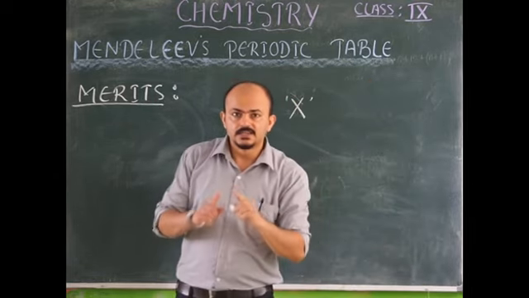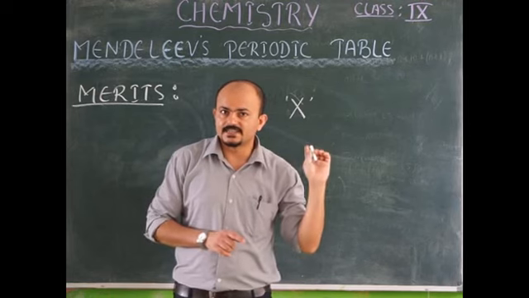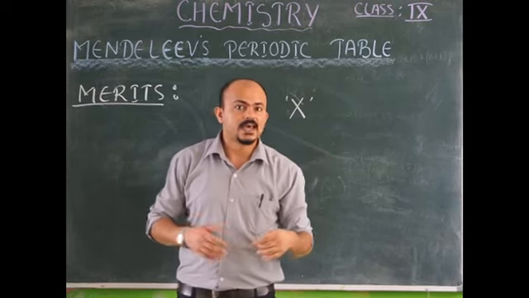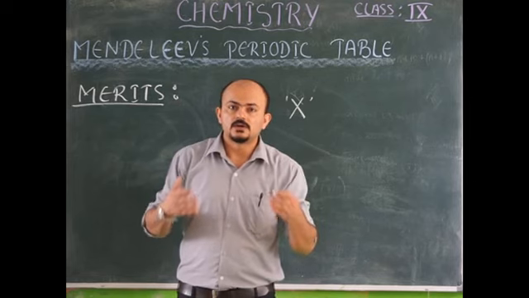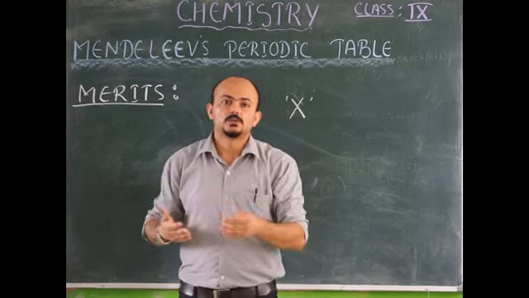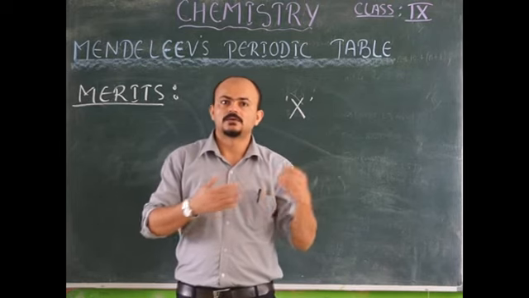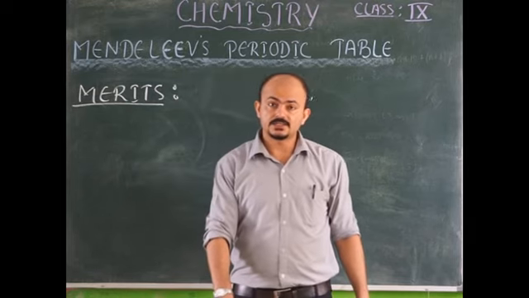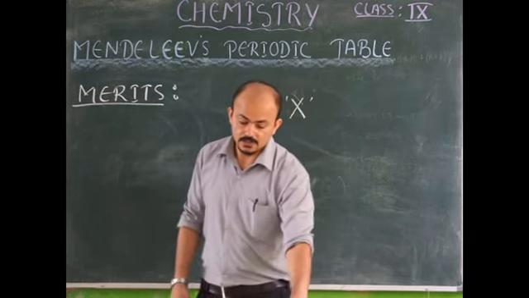He left the space for this element X, predicted its properties, and was able to tell in which group and in which period X would lie. So these are some of the merits of Mendeleev's periodic table.